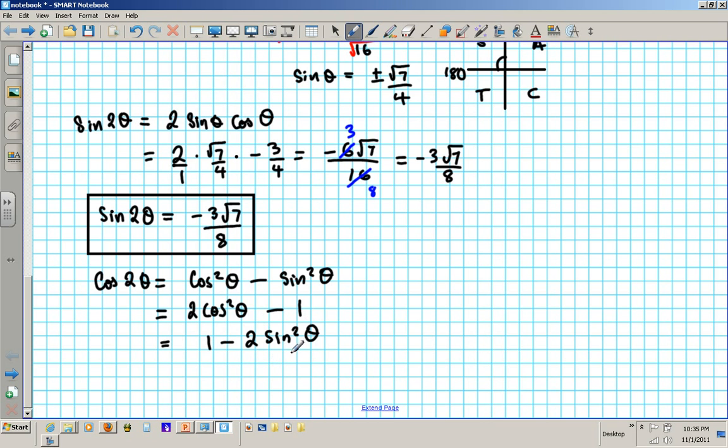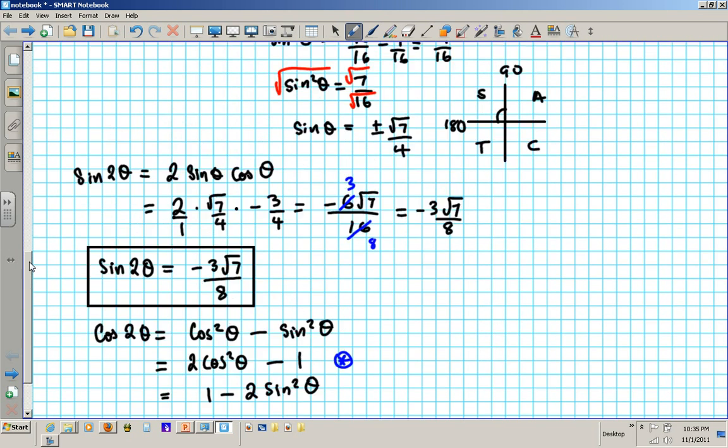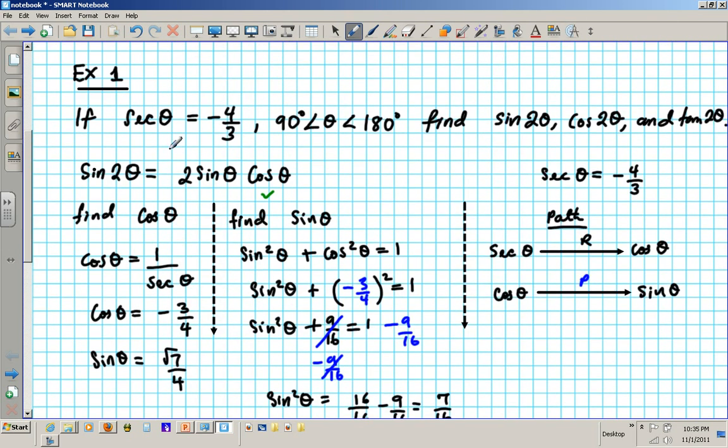You can pick whichever one you like, but I think the one that's dependent on cosine is the optimal choice here, because we're able to get cosine by simply reciprocating secant. So this is a very accurate result. I don't know how accurate sine is, so it's less risky to use cosine as the option. So I'm going to use this one.